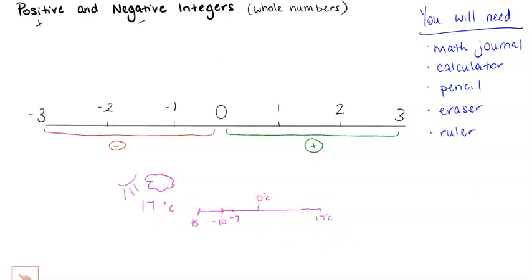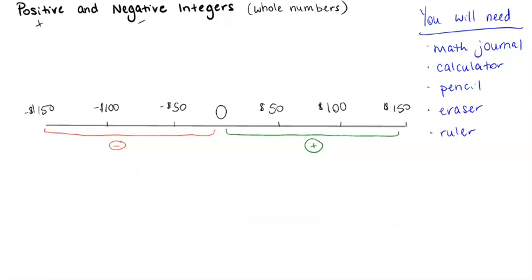Another real-life example of positive and negative numbers can be seen in finances or when we're dealing with money. Let's start off with a simple example. Let's say if you're here, you have no money, $0. As you make money, you travel up the positive side here with more and more money.